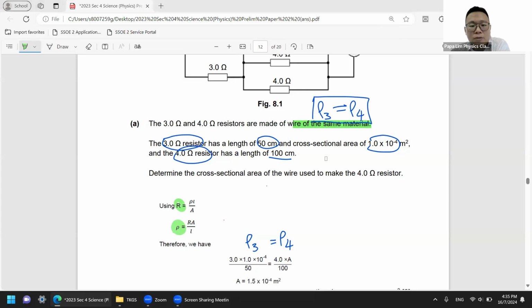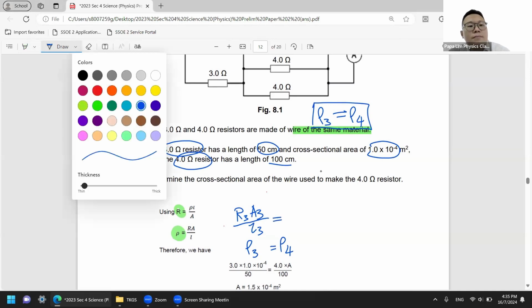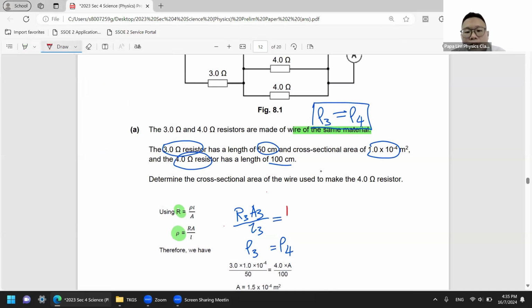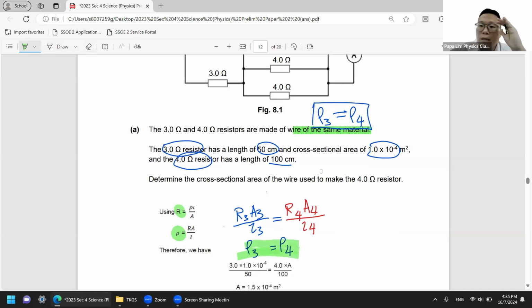If you do this, you will have R3 times A3 over L3, the resistance, area and length of the 3 ohm resistor, equal to R4 times A4 over L4, the resistance, area and length of the 4 ohm resistor. By characteristic comparison, since both of them have the same resistivity, the ratio must tally.